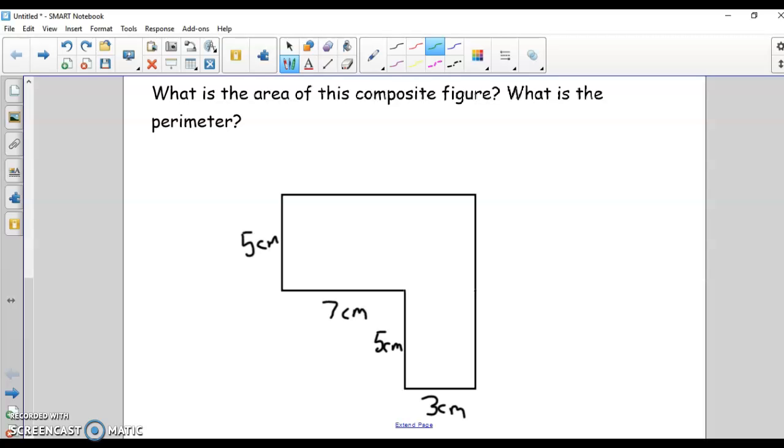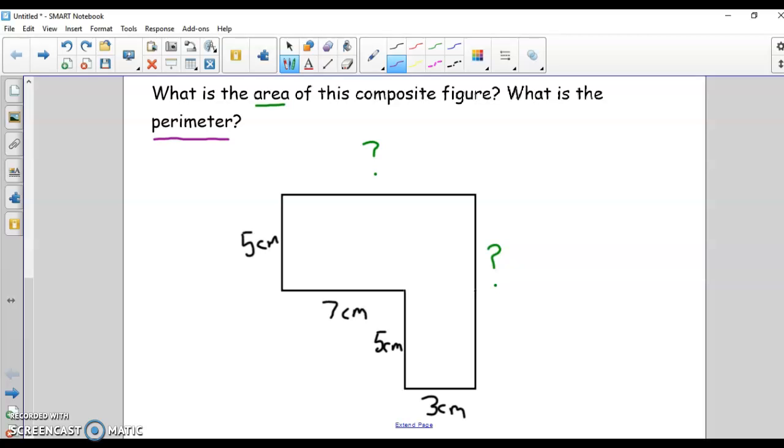We are given some measurements, but as you can see, we don't have a measurement over here, and we don't have a measurement over here. And we're not going to be able to find our area or our perimeter without those lengths or sizes of the sides.